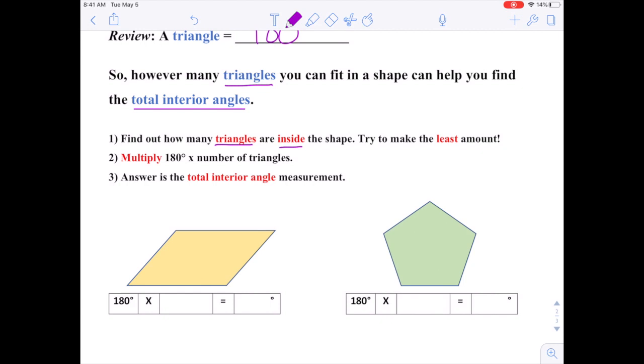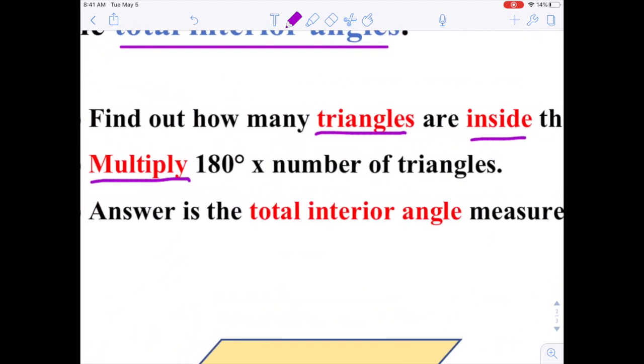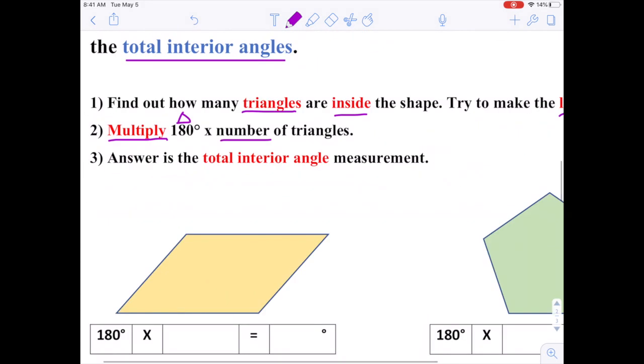We want to make the very fewest triangles we can. Once we figure out how many triangles fit inside, we multiply 180, because remember, each triangle is 180, by the number of triangles that we found. That answer gives us our total interior angle.